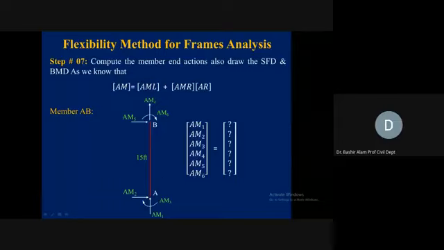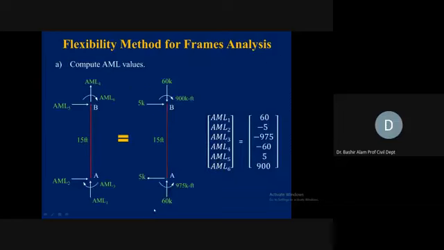You will still be remembering that the vertical was upward 60, horizontal was leftward 5 kip, and the moment was 975. So here you can see that situation, 65, 975, and this joint B also analyzed.